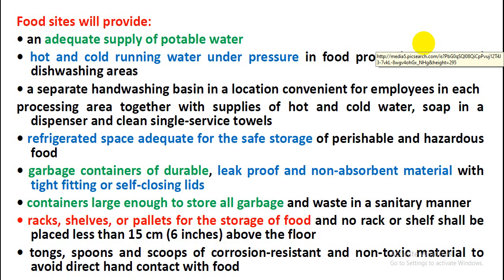That means I have to use certain taps for hot and cold water with pressure, with liquid soaps, and also I have to ensure that there are single-use towels. This is important. Otherwise, I cannot ensure these persons really sanitize and wash their hands after critical times and before preparing the food.